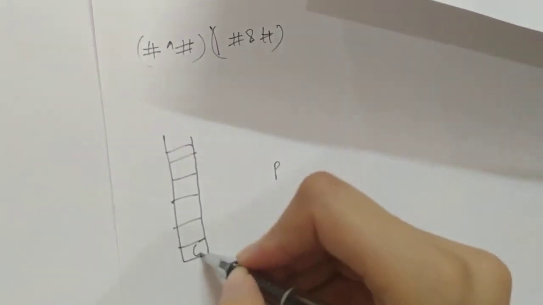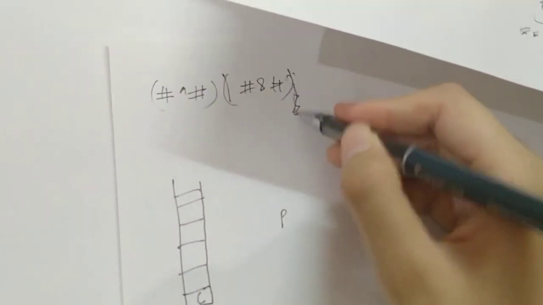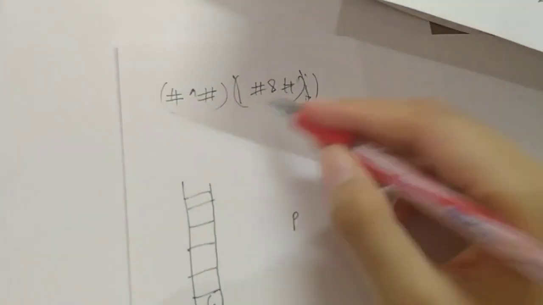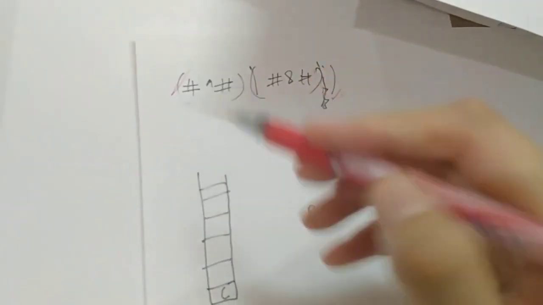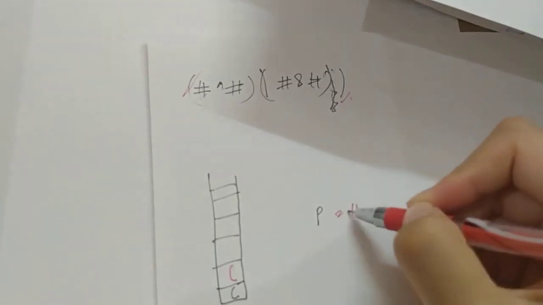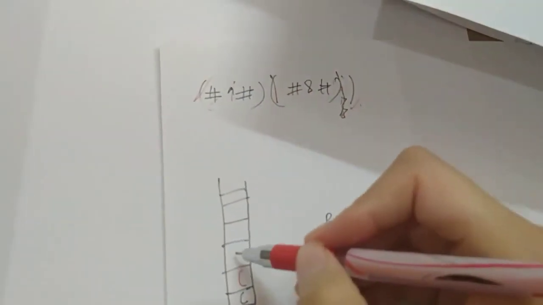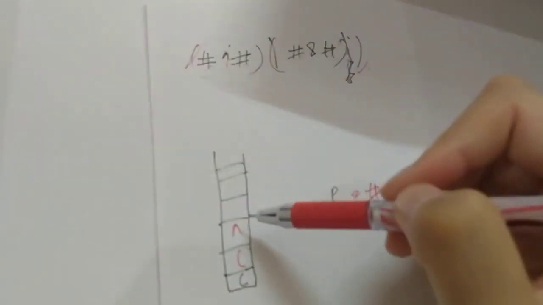First we add this to the stack, and the closing parenthesis is appended to the string. We encountered an opening parenthesis, we put it on the stack. We encountered hash, we append it to the string. We encountered another operator, we add it to the stack.